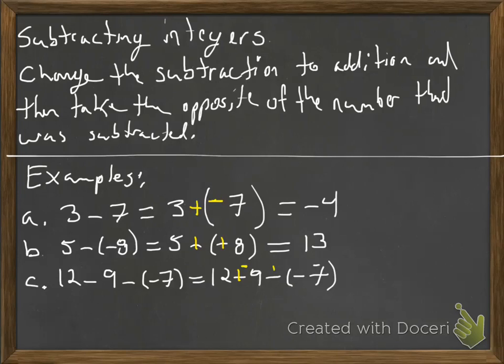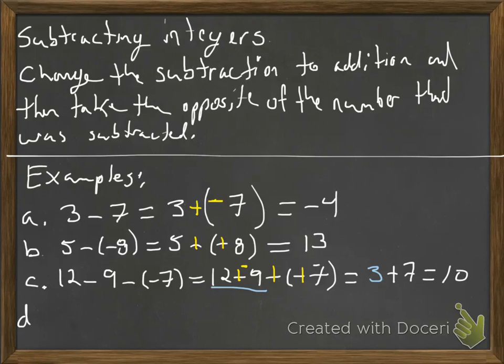So it'll be plus negative 9, and then plus positive 7. So we switch the signs there. Okay, I'm going to add the 12 and the negative 9. They're opposite signs, so we find the difference, which is 3. The positive number is larger, so it's going to be positive 3. And then plus positive 7, which is positive 10.